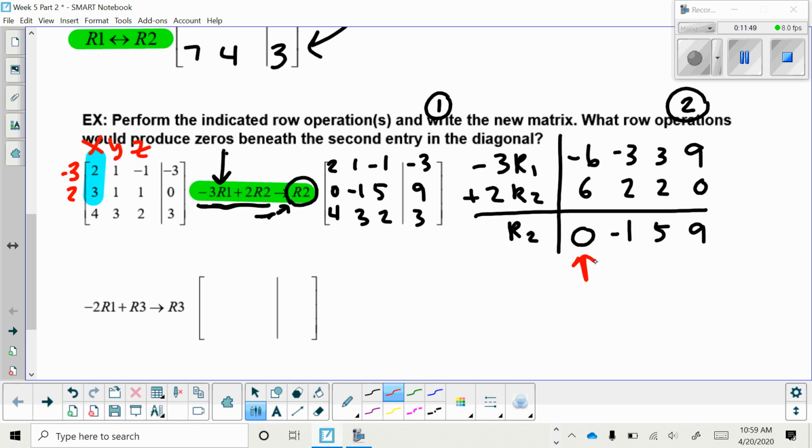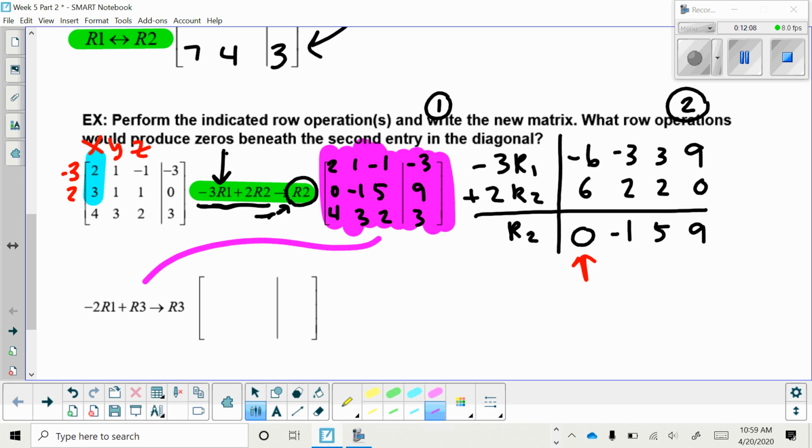Okay? So using this new matrix that I wrote right here, what color highlighter have we not used yet? Purple. So now we're here. So this is the new matrix that I'm working with. And I'm now going to do that operation, all that combination of row operations.